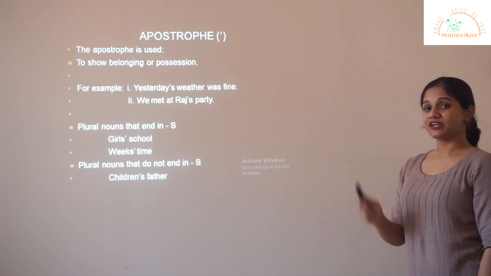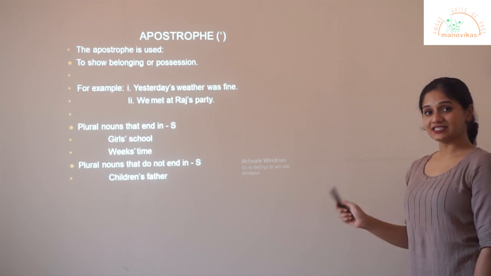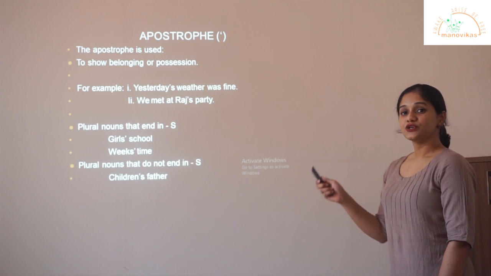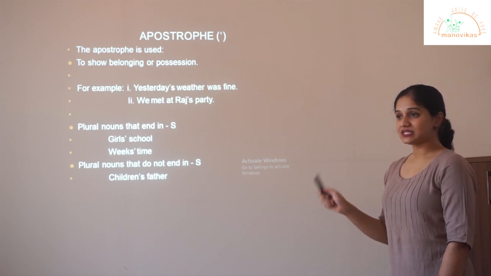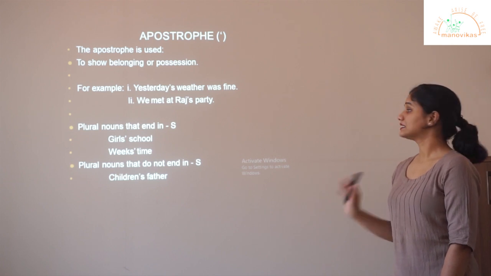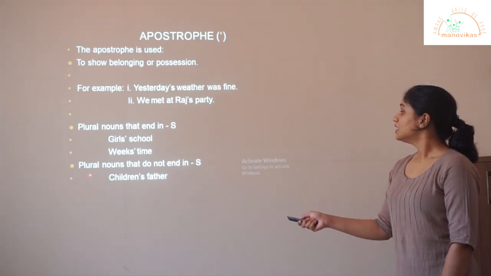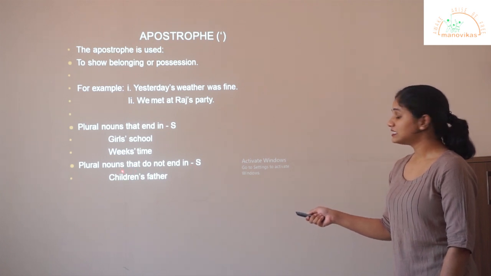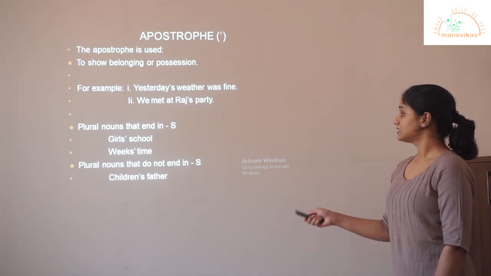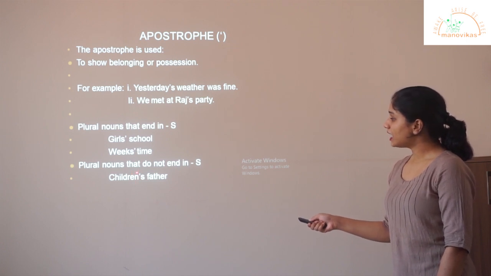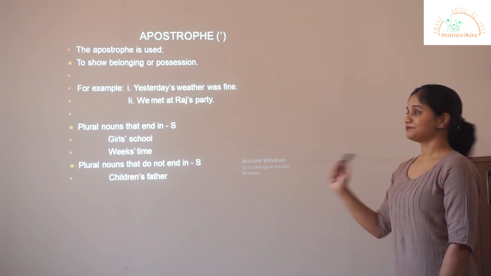And for example, if you celebrate Teachers' Day, it is a day for many teachers, not just one teacher. So it becomes teachers with an S and an apostrophe and no S following that one. Now, plural nouns that do not end in S, for example, children is the plural of child. So here it becomes the same simple rule, N apostrophe S.